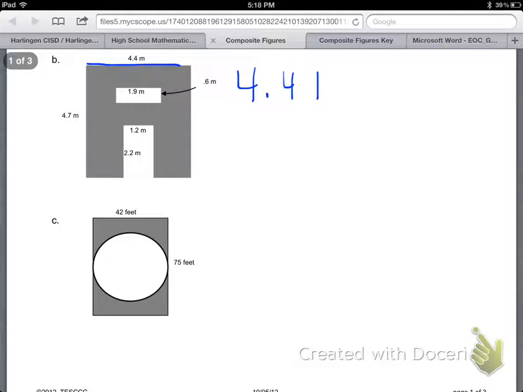4.4 plus all the way down here is 4.7. Right here would be, well, first we have to do this. We know that from here to here is 4.4, and we know that this is 1.2. I'm going to subtract those and get the leftover real quick.